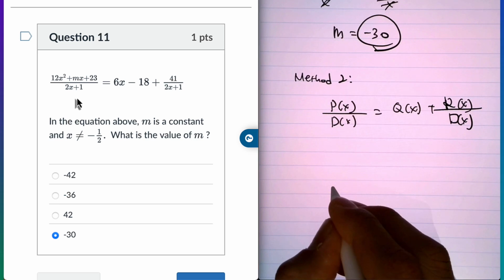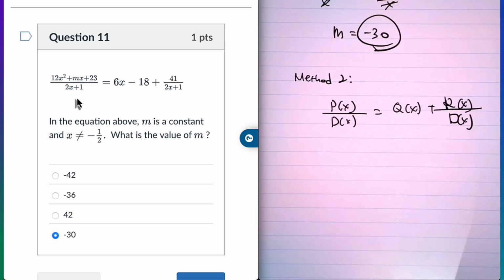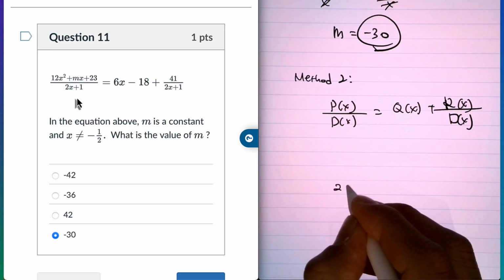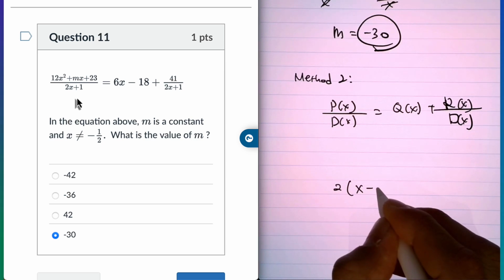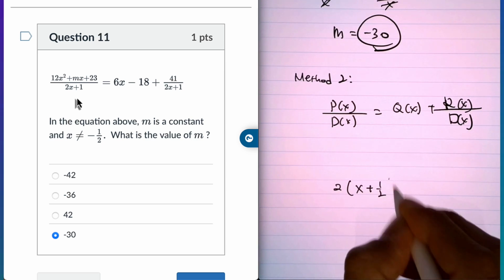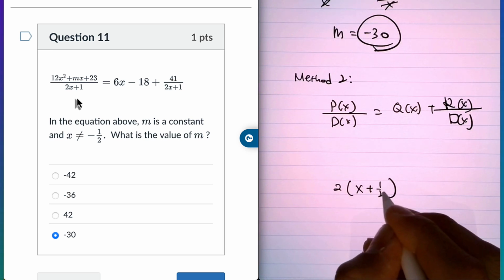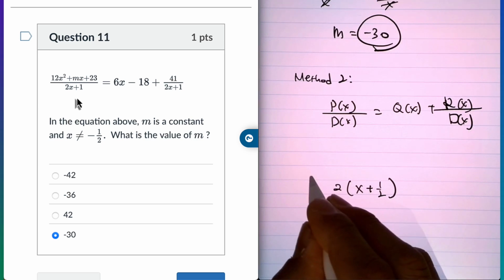Because if it was just x plus 1, I would put negative 1 on top. Since we have a coefficient in front, I'm just going to pull the 2 out. And that will give me x plus 1/2. So 2x plus 2 times 1/2 will give you 1. So this is fine.